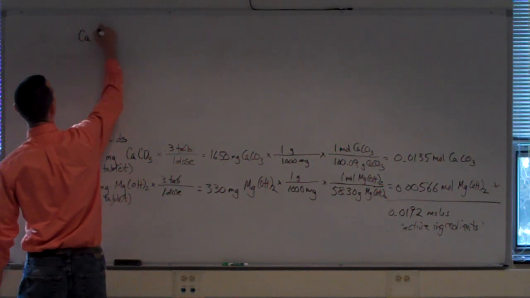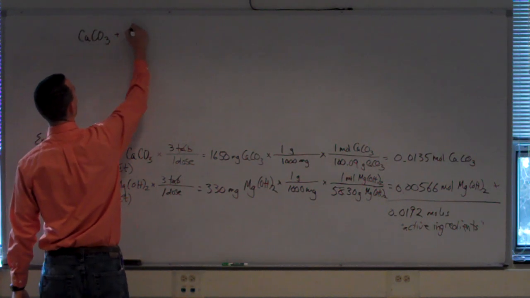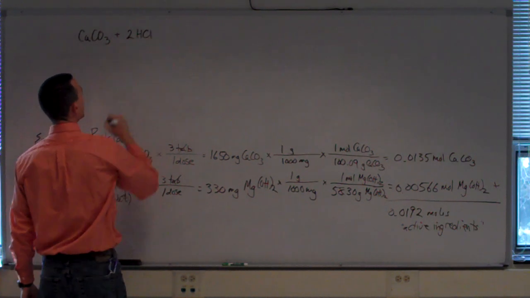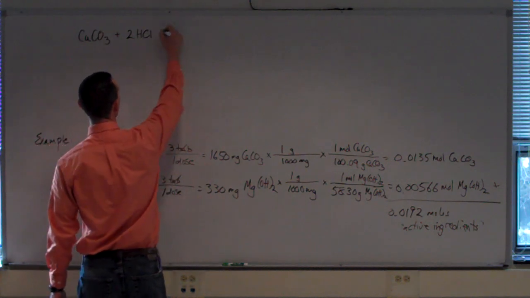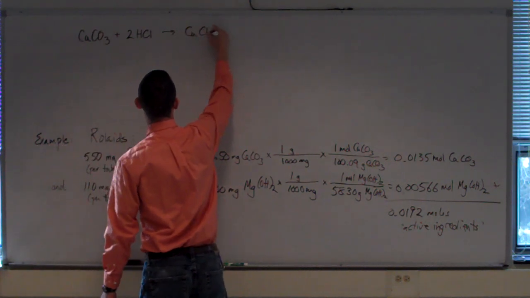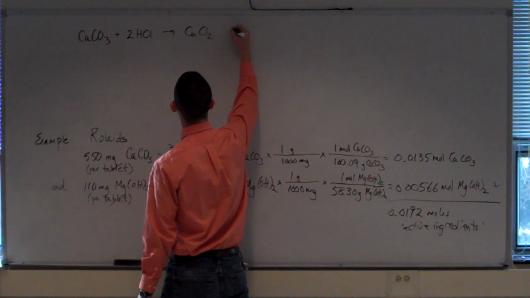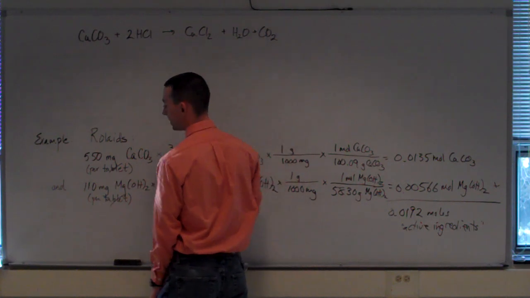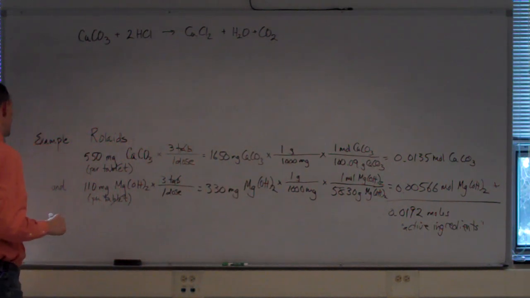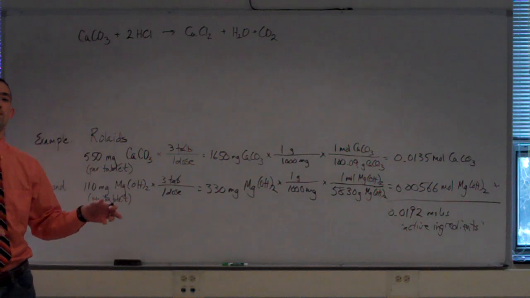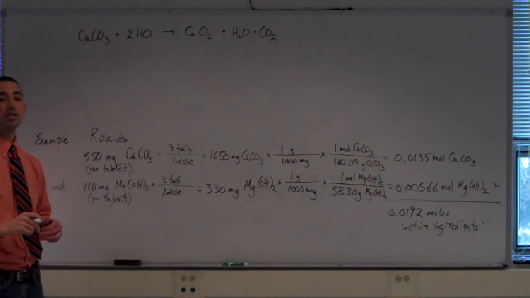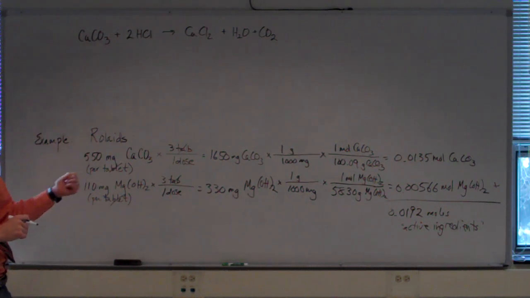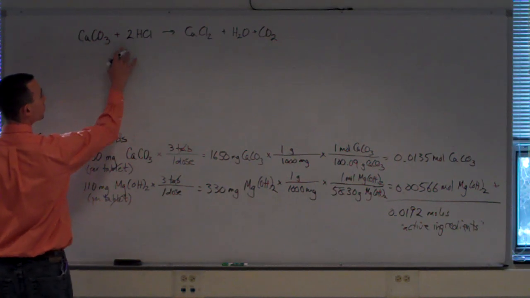So if we look at the balanced equations, and again, these are available in our laboratory manual, it takes 2 HCl to react with 1 calcium carbonate, to form calcium chloride, and then water and carbon dioxide, CO2. This is actually a gas-forming reaction, one of the patterns that we study in Chapter 4, just to link to that earlier this semester. So it's a 1-to-2 ratio.